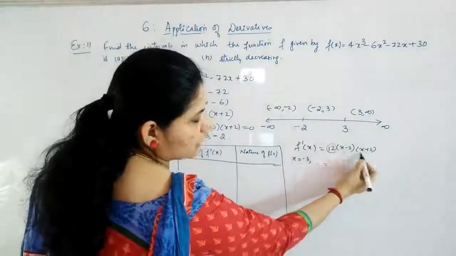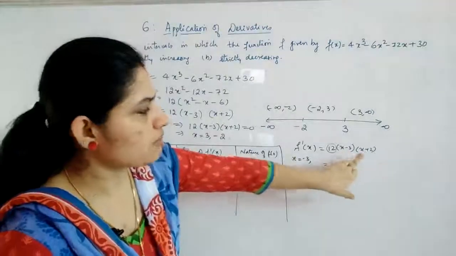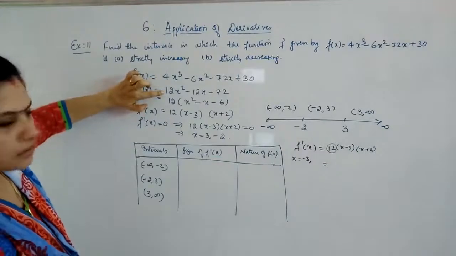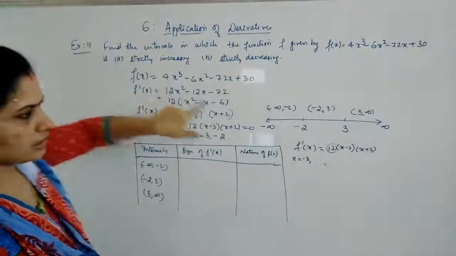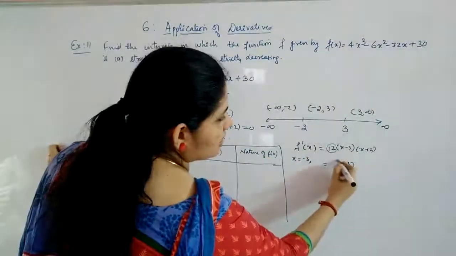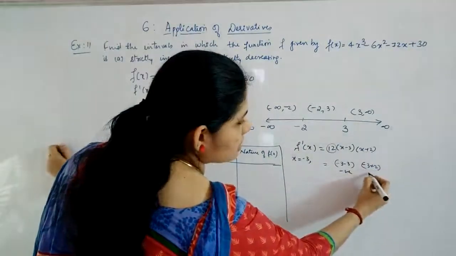You have to check these two factors and just see whether these two terms will be positive or negative. Don't calculate the whole expression, because that takes longer to find out whether it is less than or greater than 0. You just go for these terms: minus 3 minus 3 is negative, and minus 3 plus 2 is again negative.